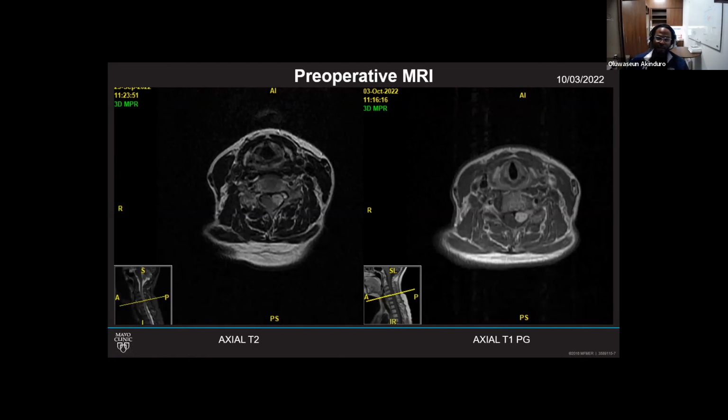And that's something you have to factor in when considering how to approach it. Some would even say consider approaching it ventrally with a corpectomy, which I think is a lot. But most likely you're going to go for a posterior approach here, and then the only question becomes if you can do just a simple laminectomy, or if you need to take part of the facet joint to be able to avoid the spinal cord.